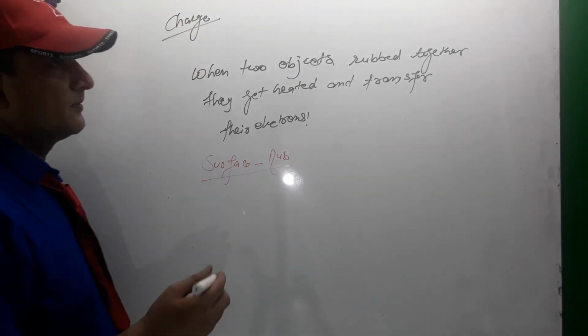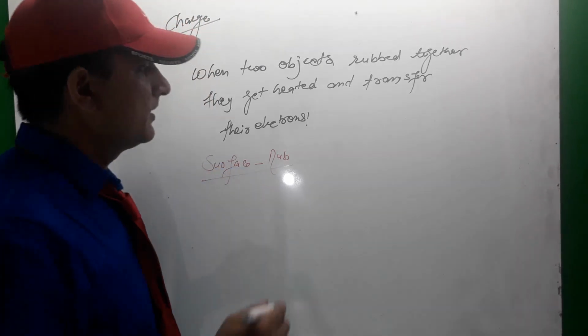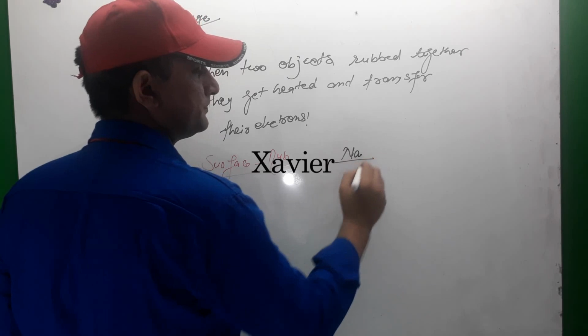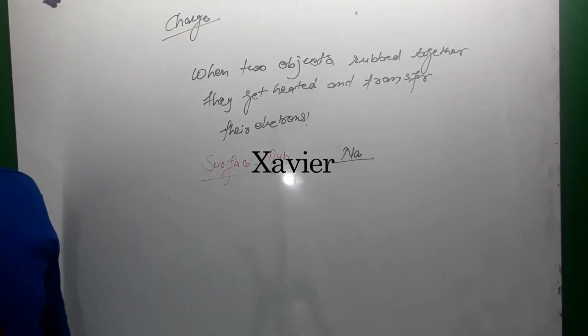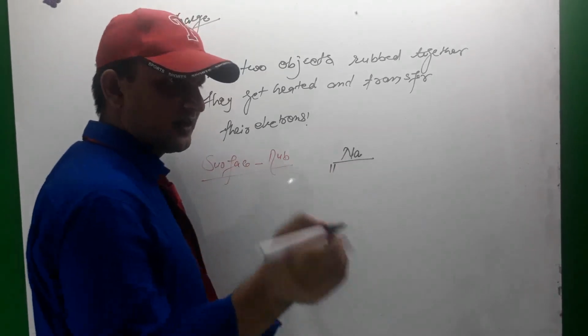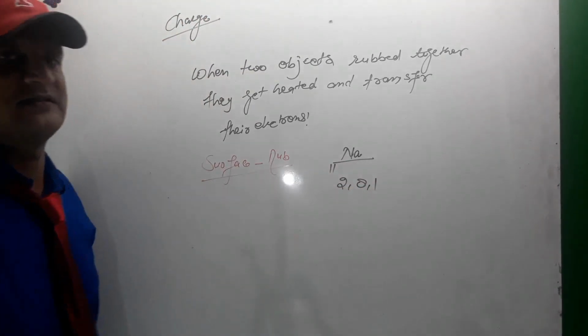For example, how can charge transfer their electrons? Let's take one example. There is sodium. It has 11 electrons and its electronic configuration is this.